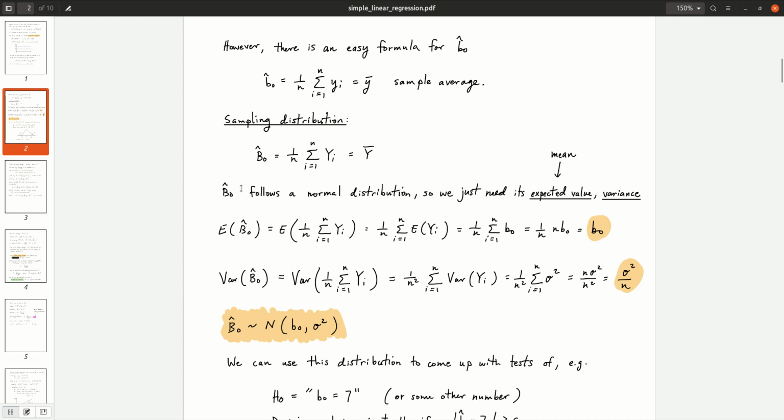Now, one thing to know is that since this is just a combination of normal random variables, what's called a linear combination, this thing will follow a normal distribution. And once you know that a random variable follows a normal distribution, the only two things you need to figure out about it are its expected value and its variance.